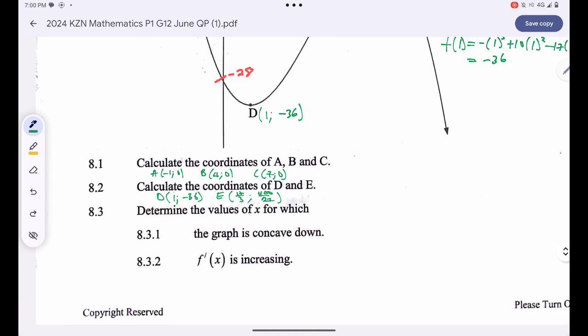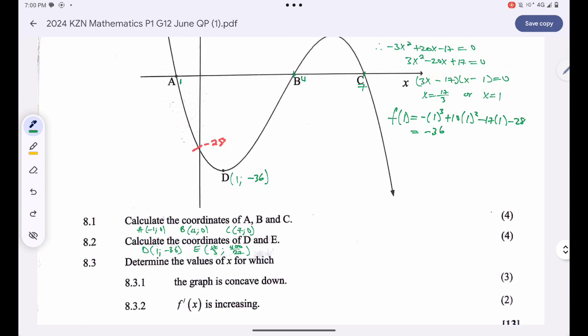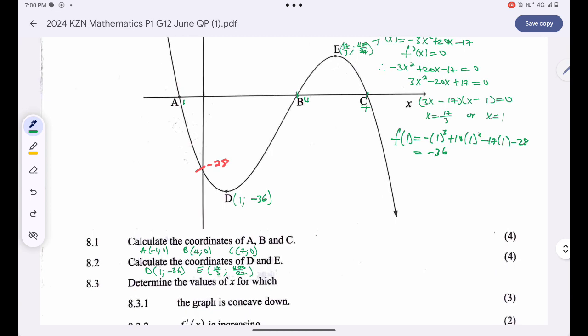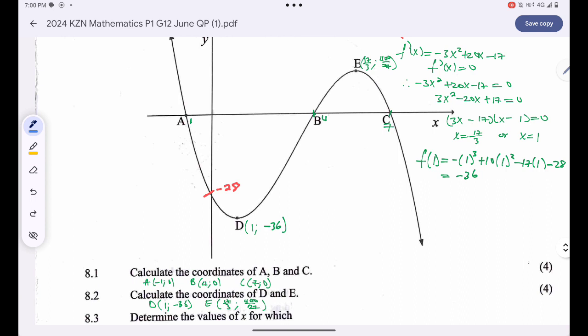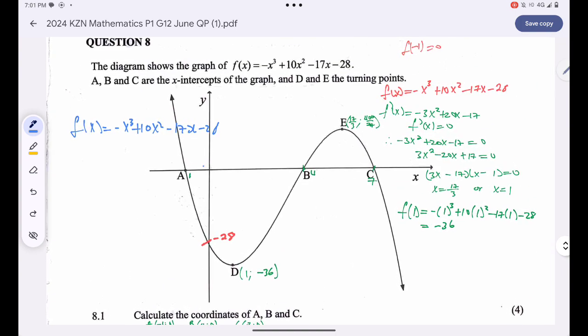Okay, now I'm supposed to determine the values of x for which my graph is concave down. The graph will be concave down, guys, if and only if the second derivative is less than 0. Are you together? My graph, let me write over there. f(x) is equal to -x³ + 10x² - 17x - 28.